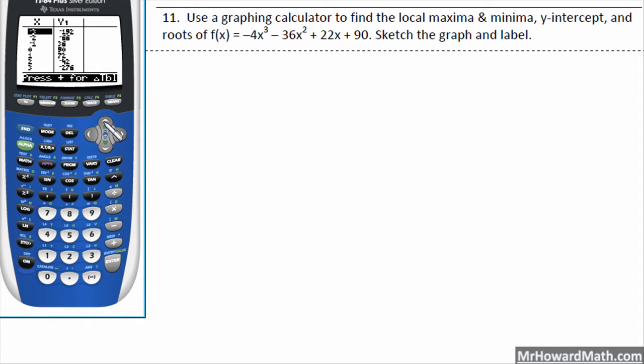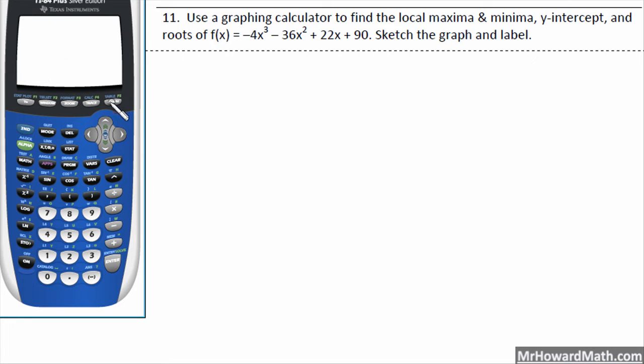So it looks like around negative 4, negative 5, somewhere in that range we have a minimum. Looking in here at the table, the smallest y I see is negative 474, so I'm going to go into my window and set my y min to be below that, so I'll set it to negative 500.